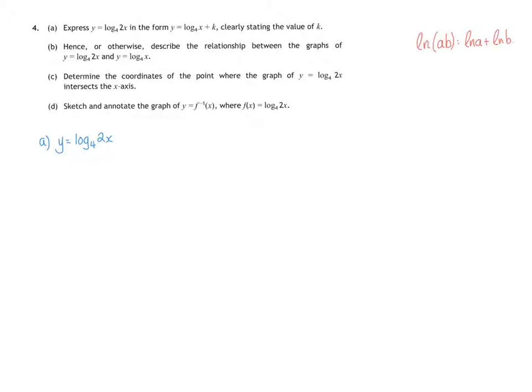So here we can say that it's equal to log to the base 4 of 2 plus log to the base 4 of x. And then if we use our calculators, we can find that log to the base 4 of 2 is a half, plus log to the base 4 of x. So then it says that we have to clearly state the value of k, so we need to write that k is equal to a half.